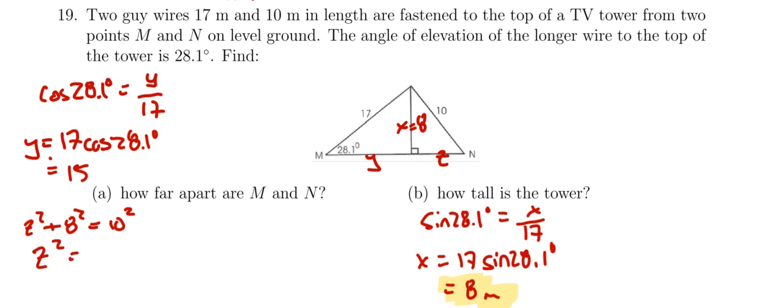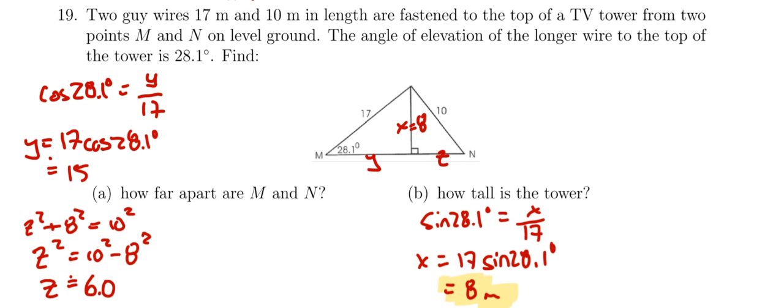So z squared is going to equal 10 squared minus 8 squared, and then I'm going to take the square root. So I'm going to get the square root of 10 squared minus, but I'm not going to use 8 exactly. I'm going to use the number that the calculator gave me with all of its decimals, so 8.007 and so on. Press enter, and I'm going to get approximately 6.0.